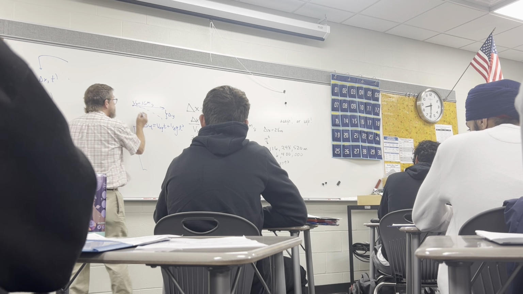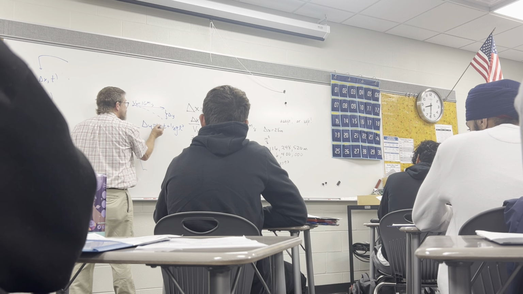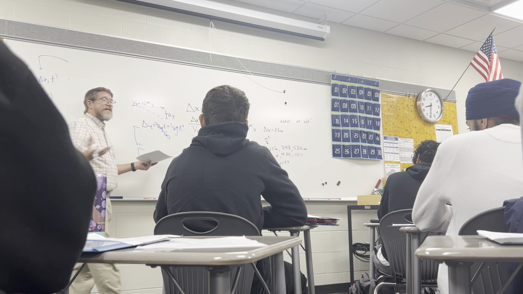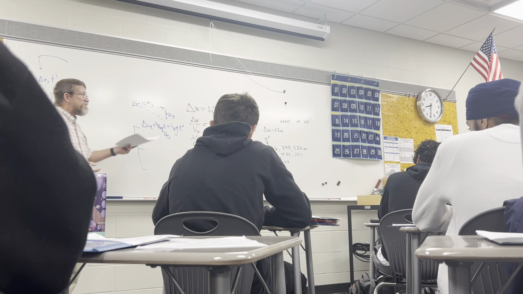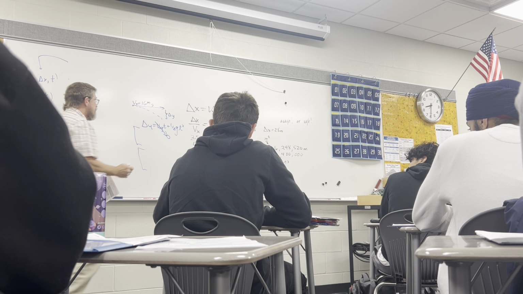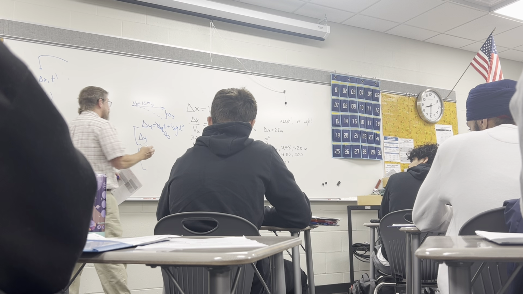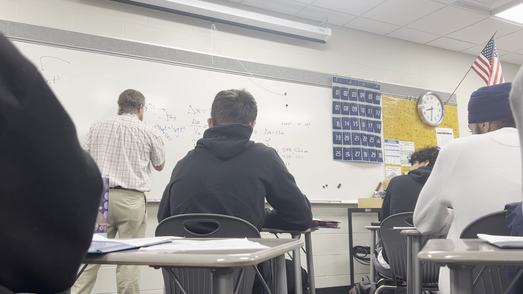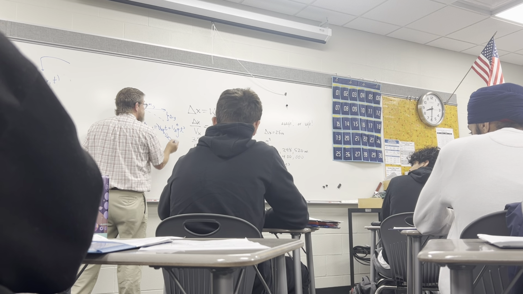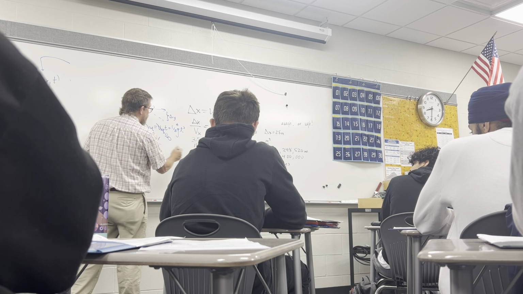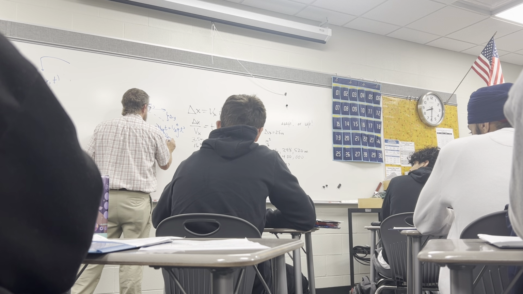When it's being shot horizontally, the vertical velocity is 0, and anything times 0 is 0, so it's 1/2 gt squared. So the height the marble falls when she shoots it is going to be 1/2 of gravity, that's 5, half of 10 is 5, times 0.156 squared.